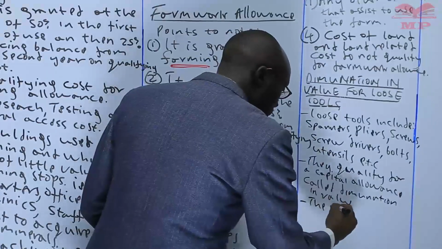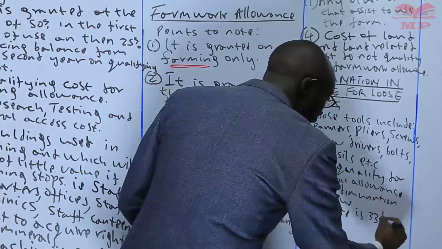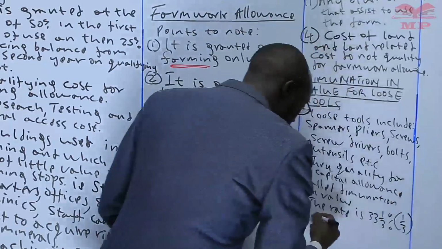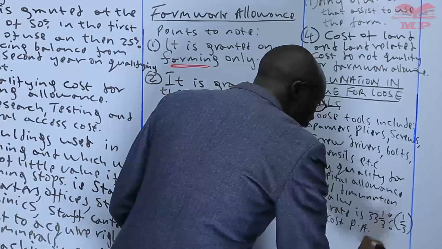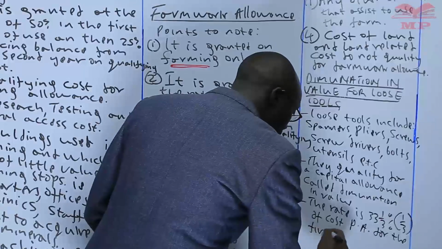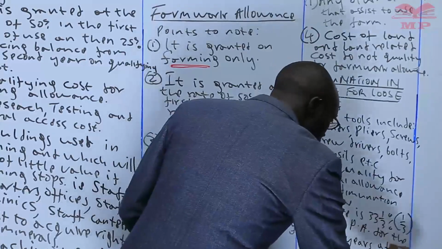The rate is 33.33%, in brackets a third of cost, per annum, every year for the first 3 years, after which it is stopped.